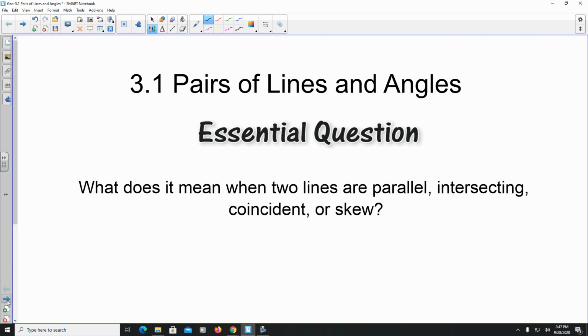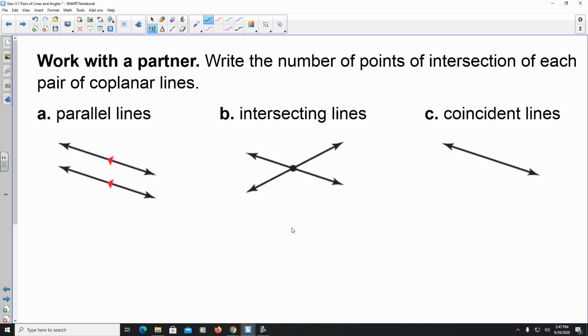If we look at our chart here, it says to work with a partner and write the number of points of intersection of each pair of coplanar lines.